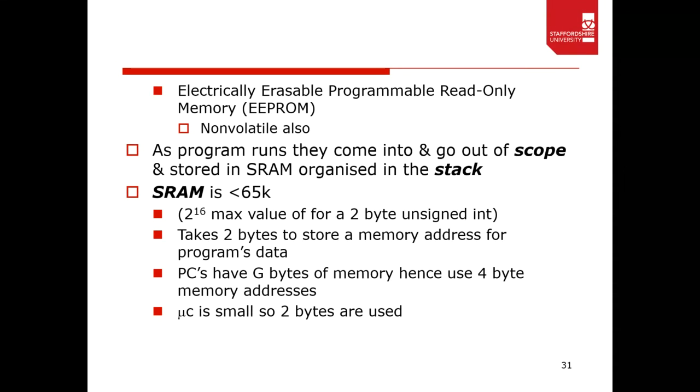So 2 to the 16 is the max value to be stored in a 2 byte unsigned integer. So it takes 2 bytes to store a memory address for the program's data. PCs have gigabytes of memory, hence they use 4 byte memory addresses. Microprocessors are very small, so they only use 2 bytes instead to save memory.